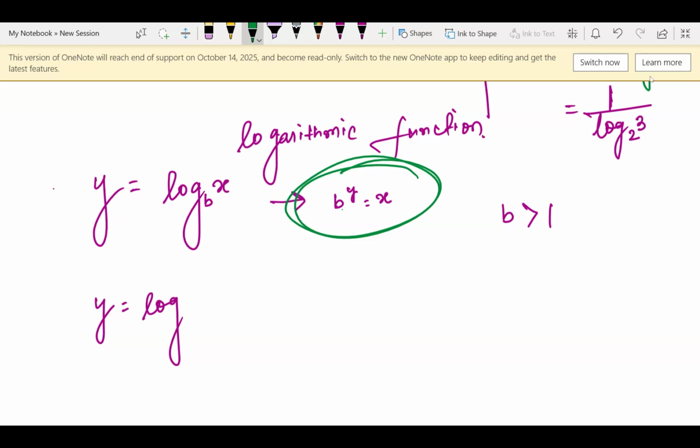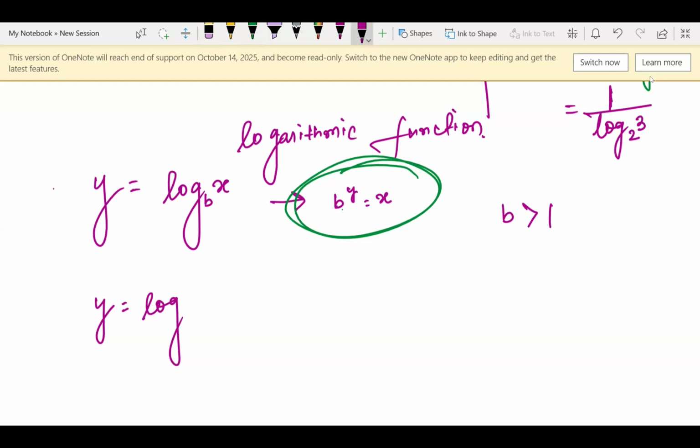Yes. Negative to the power 1 by 2 or maybe 1 by 3, that will be imaginary, yes or no? Okay, that's why we are maintaining the base over here along with the log. Strictly we are representing that the base needs to be bigger than 1.